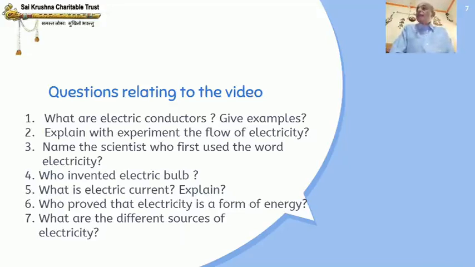Then, what are the different sources of electricity? So, these are the 7 questions that you all are supposed to answer.